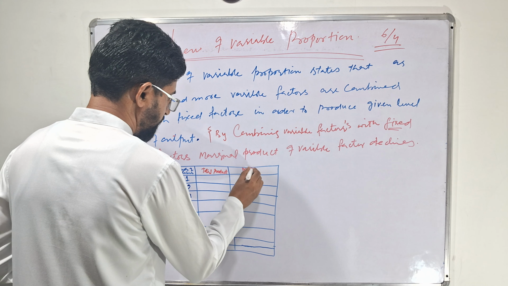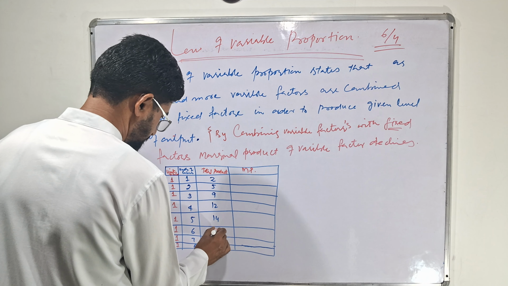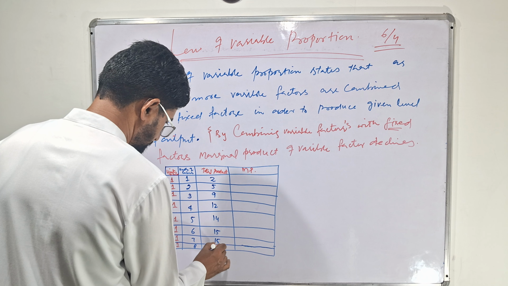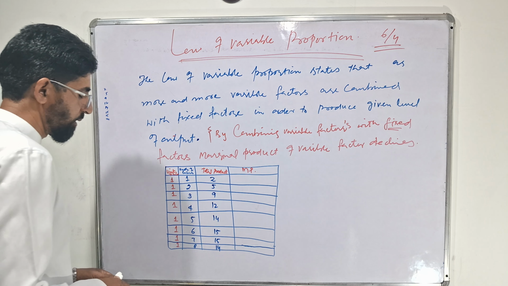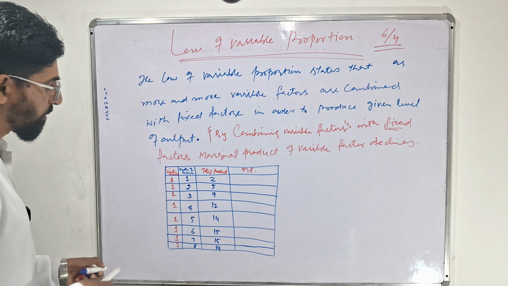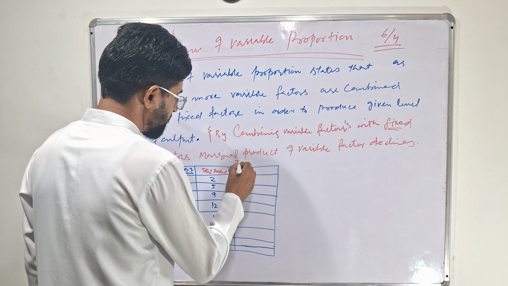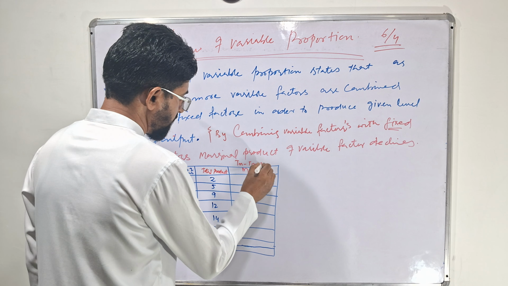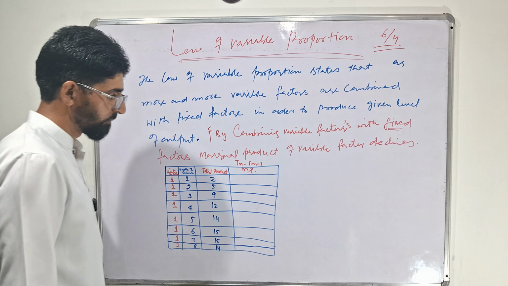Total product will be 2, 5, 9, 12, 14, 15, 15, 14. From total product, we can calculate marginal product. As I have told many times, marginal product equals total product of the nth unit minus total product of the (n minus 1)th unit.